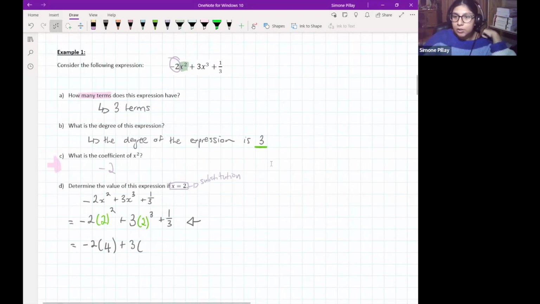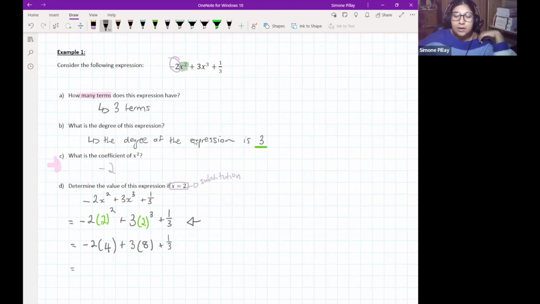Can somebody tell me what is 2 cubed? Tando has told me 8. Tando has very fast fingers. Tando is always the first one putting the answer in the chat. But yes, you guys are all right. It is 8. And then plus 1/3.